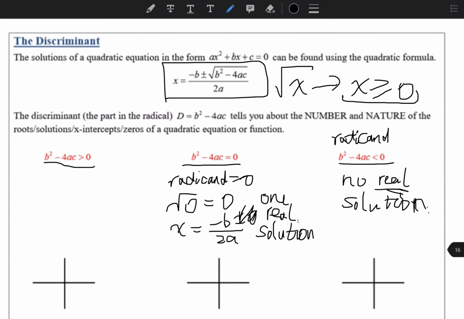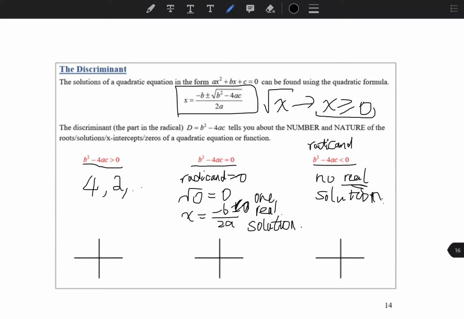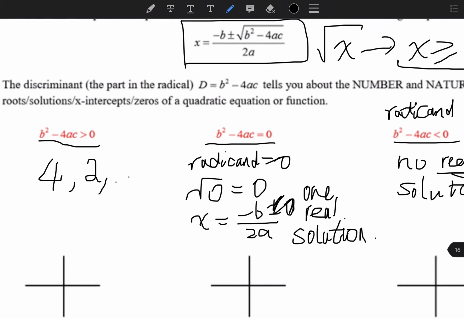One real solution. And finally, remember if it's greater than 0, something like 4 or even 2 or some other positive number, there are always 2 square roots.